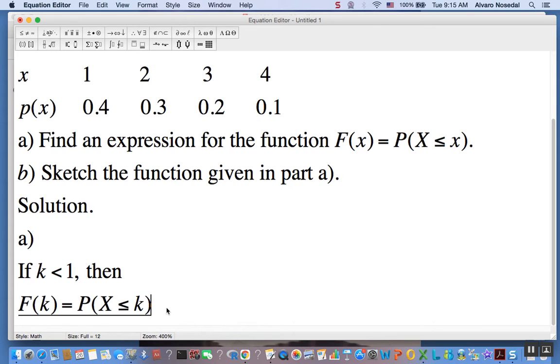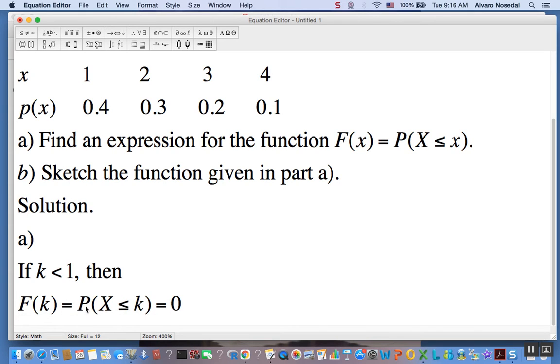So if someone asked you, what's the probability of rolling something that is less than or equal to, say, -1, then you would say the probability of rolling a value that is less than or equal to -1 is 0, because these are the possible outcomes. Make sense? That would be true for any value k that is less than 1.